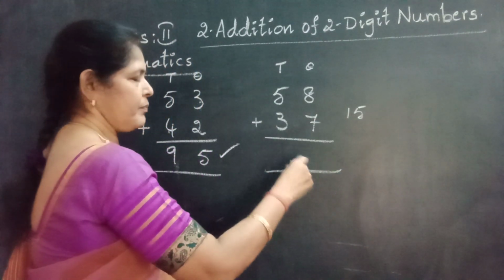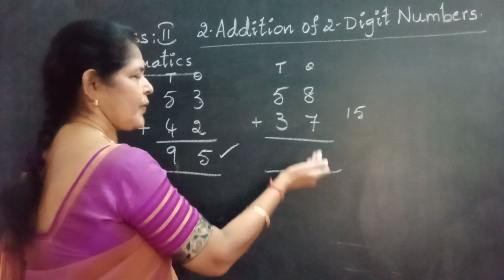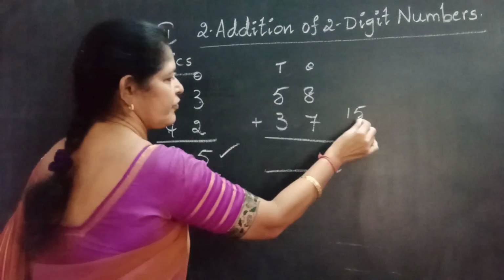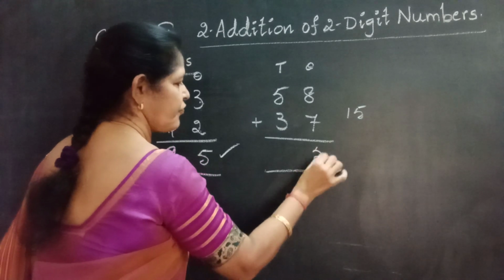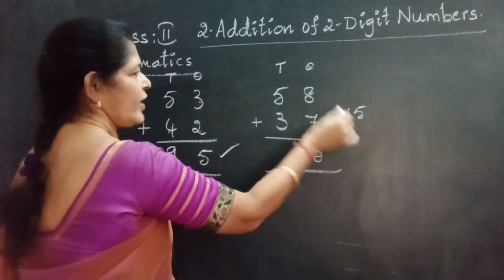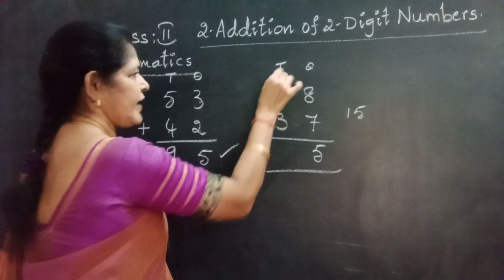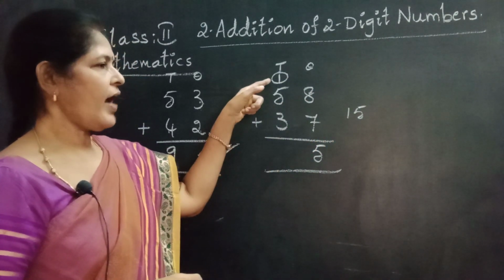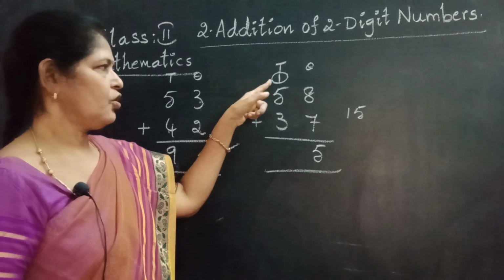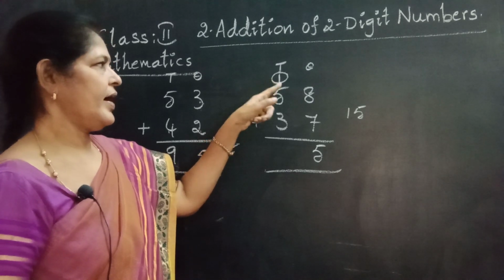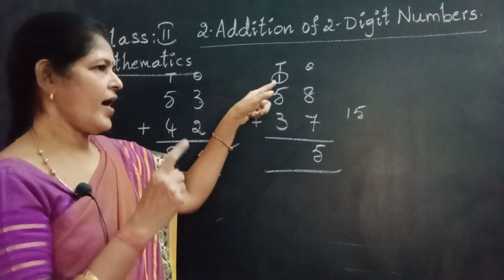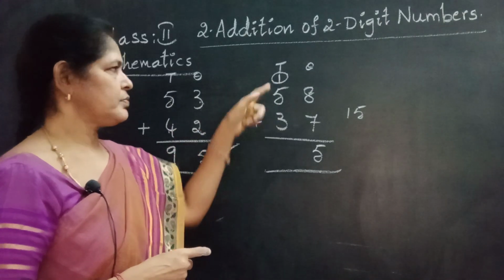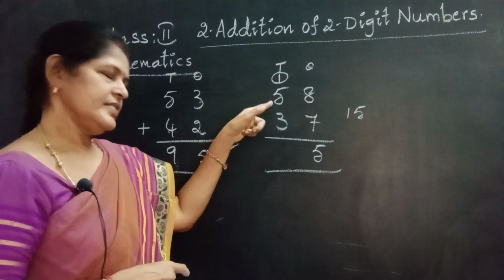Split the number: the ones digit stays in the ones place, and the tens digit is carried forward. Write 5 in the ones place. 1 is carried forward to the tens place. In regrouping addition, we have to add the carried number also. Don't forget the carried number. Here the carried number is 1. Sometimes 2 also comes.